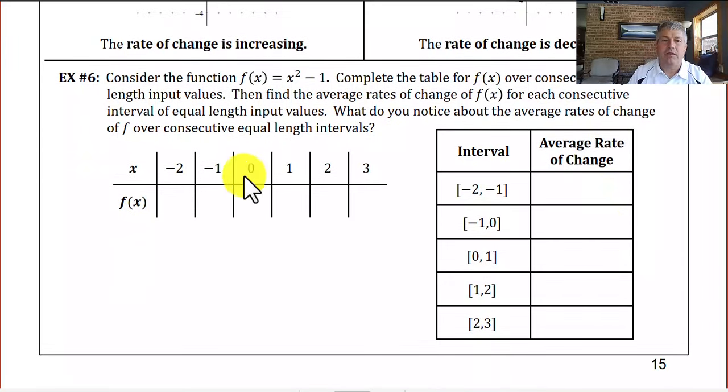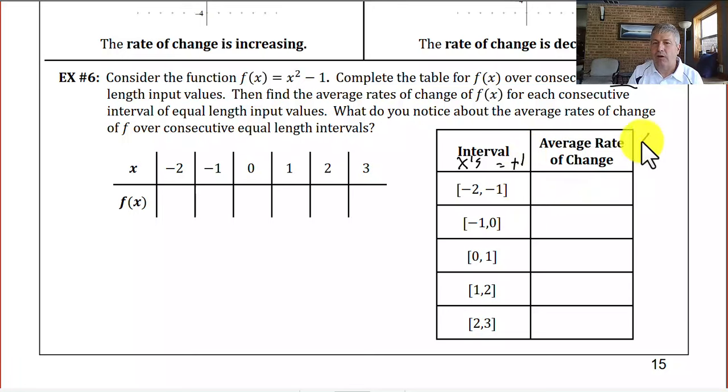In example 6, let's consider the function f of x equals x squared minus 1. They ask us to complete the table for our y values over consecutive equal length input values, and those x intervals, from -2 to -1 and -1 to 0, is a +1.